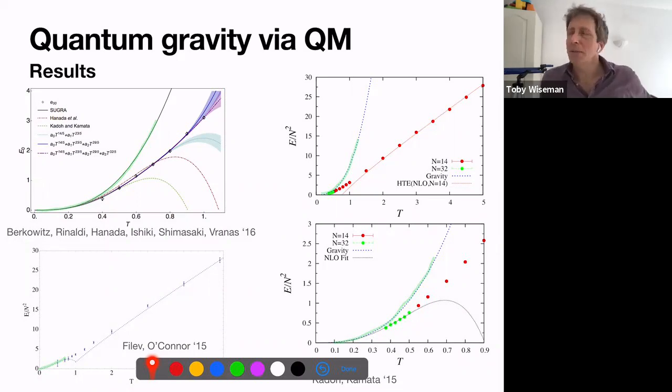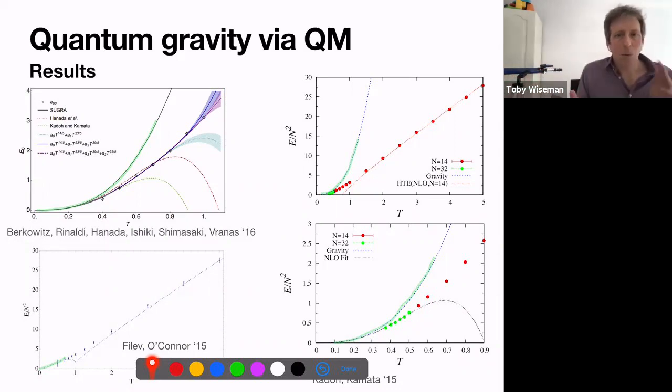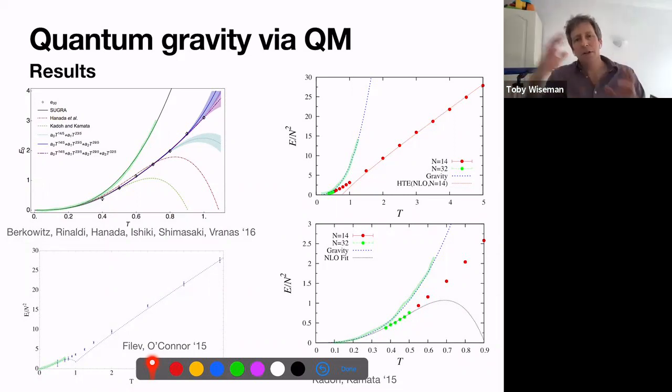So there was a nice paper by Mark Van Raamsdonk and collaborators talking, in the quantum mechanical BFSS case, about what entanglement entropy would look like. Because of course there you don't have space, right? You've only got time. So what is the entanglement entropy that you're computing? Well, it's the entanglement of the various matrix degrees of freedom with each other. And how do you characterize subregions of this matrix space that is relevant for understanding gravity?